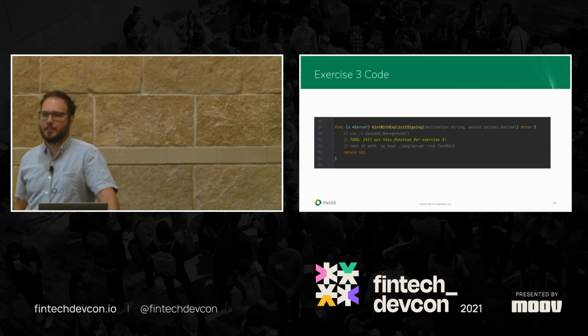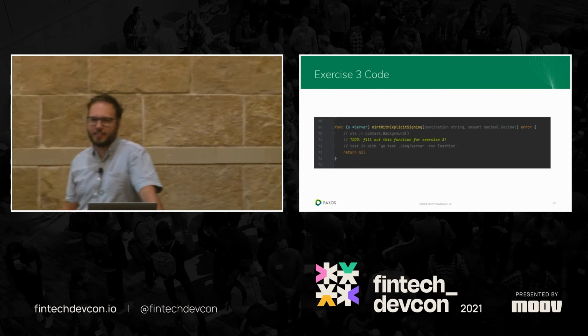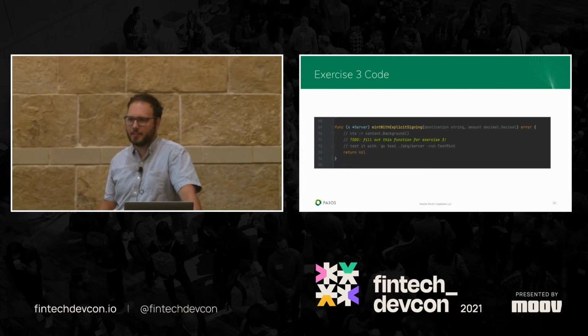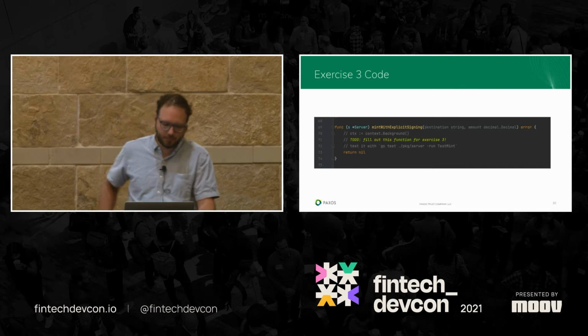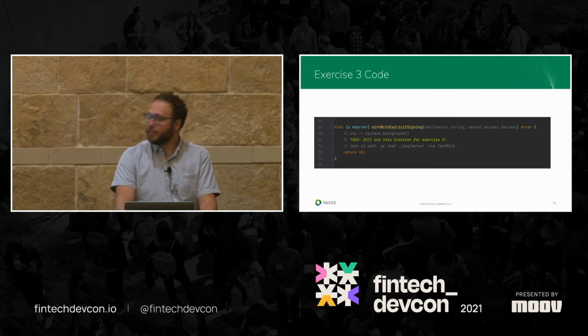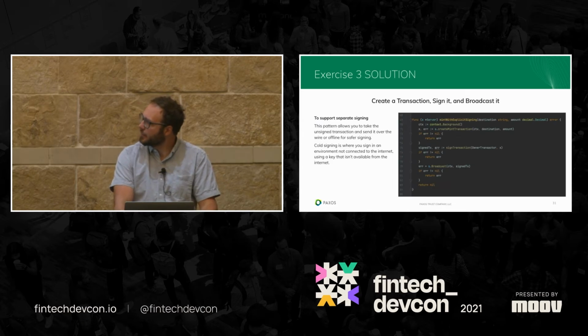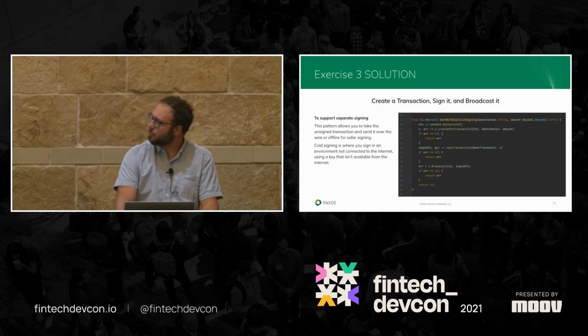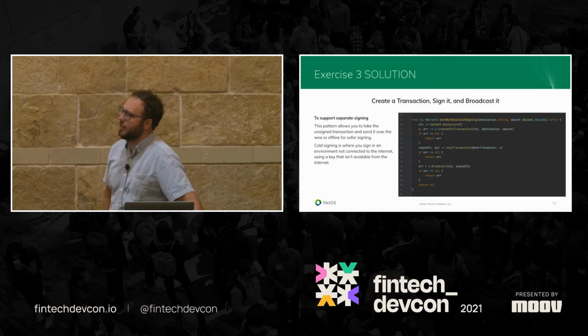All right, is anyone still working on exercise 3? I'll maybe spoil the solution here soon if there's no last words. Cool. So the next slide has a screenshot of the code with the answer.